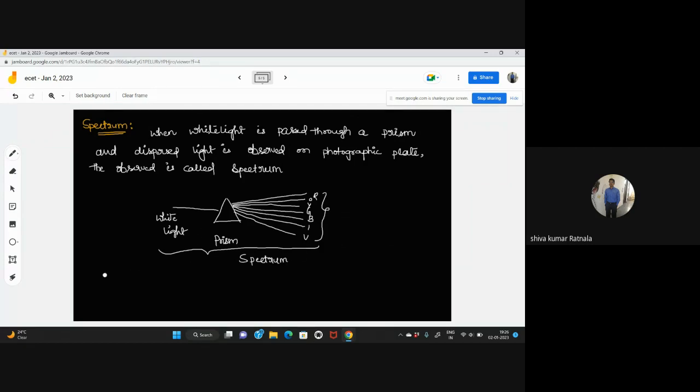Basically, a spectrum can be of two types: emission spectrum and absorption spectrum.